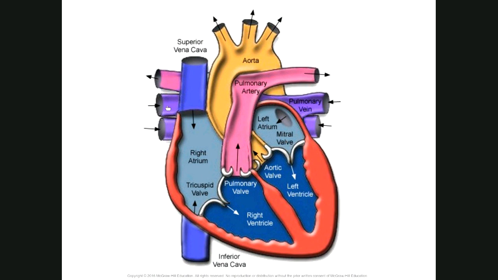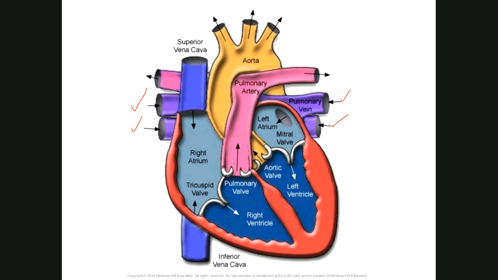And on the other side, in the left atrium, you can find four blood vessels. Here you can see number 1 and number 2, and number 3 and number 4. Let me mark them for you. You can see this one, this one, this one, and this one. We have four pulmonary veins.